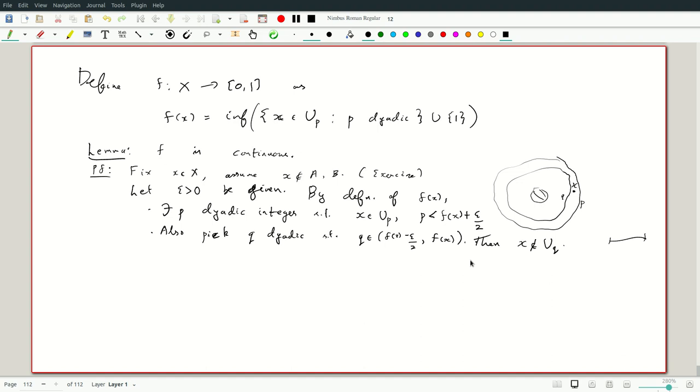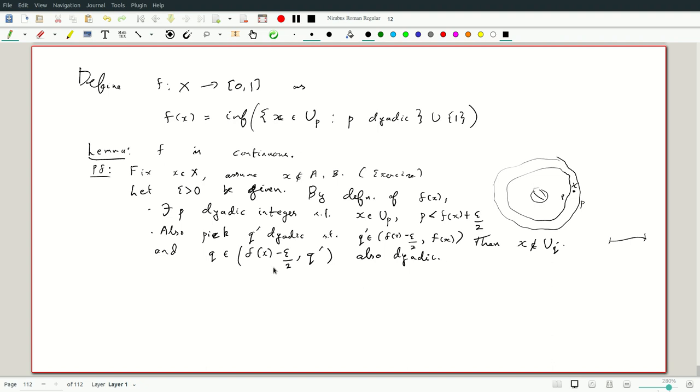I might have to do a little more work. Let's give ourselves a little more room. So I want to look at a closure. Fine, let's do this in a slightly less efficient way. So Q is here. Okay, and so let's call that Q prime, and Q in (f of x minus epsilon by 2, Q prime). So it's strictly less, also dyadic.